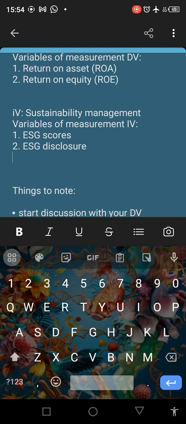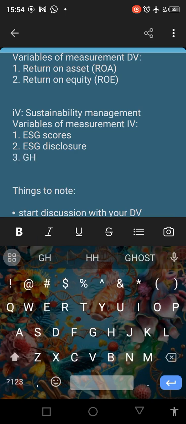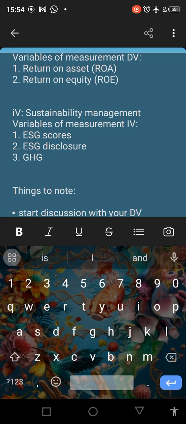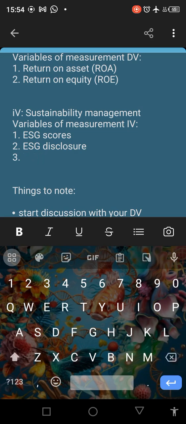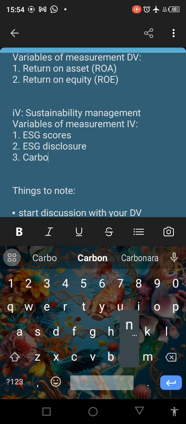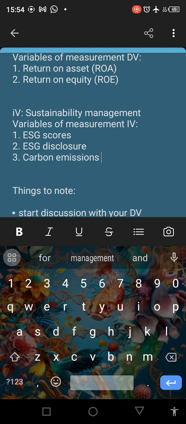And now let's assume I have number 3, GHG, let's assume that I have carbon emission disclosure.